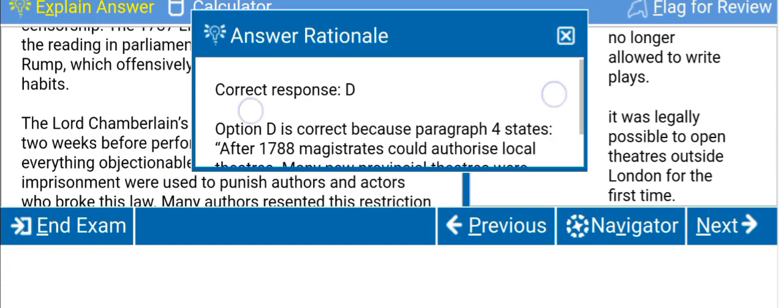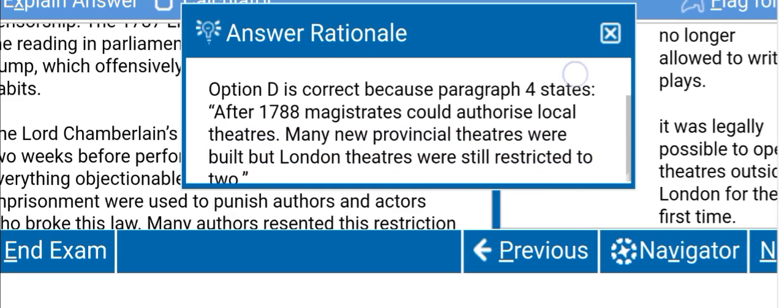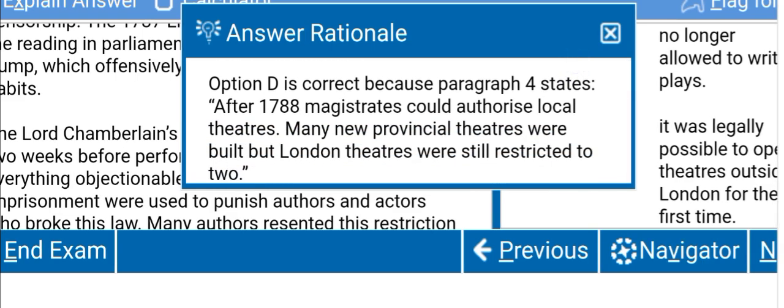So here we have the correct response. It's option D, because paragraph 4 states that after 1788 magistrates could authorize local theatres.